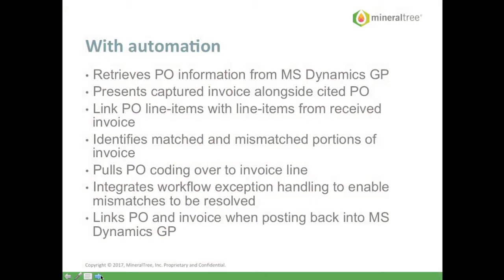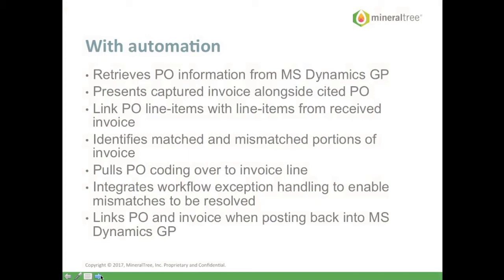What we are automating is really the most tedious parts of the process for you. We're retrieving the PO from your GP and bringing it into our system so that you can match it up with the invoice you're receiving from the vendor. We're pulling in coding that you've already associated to the PO itself.